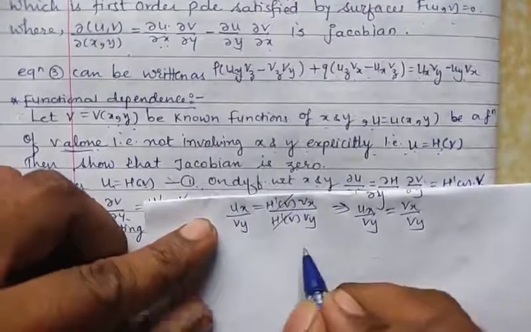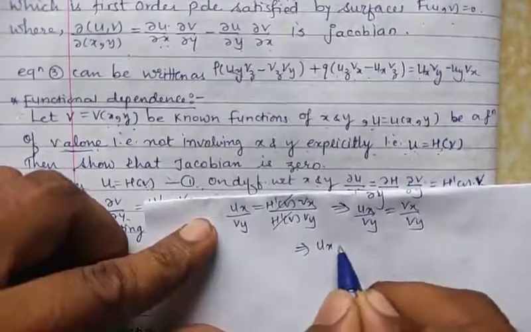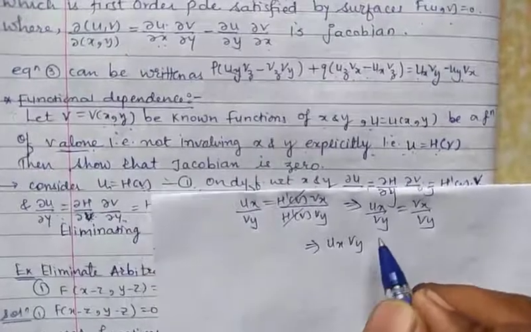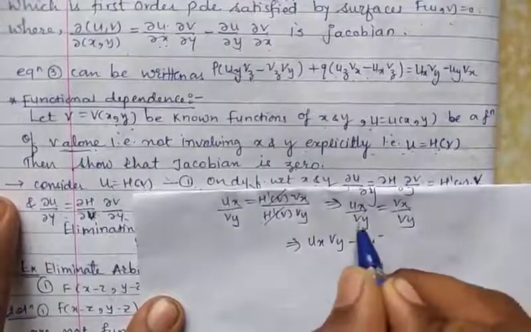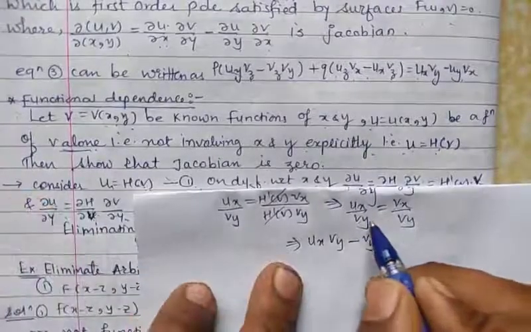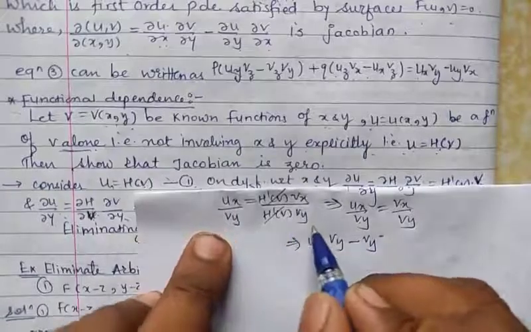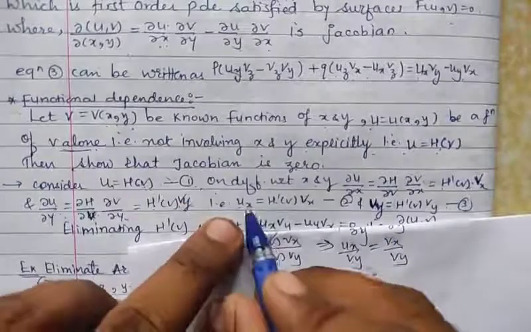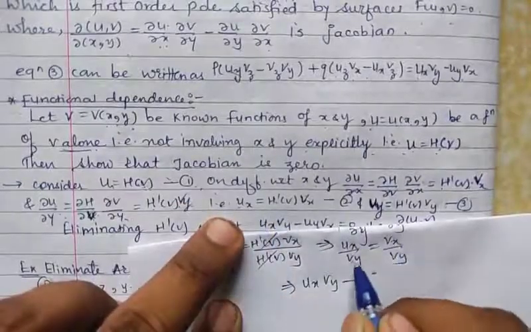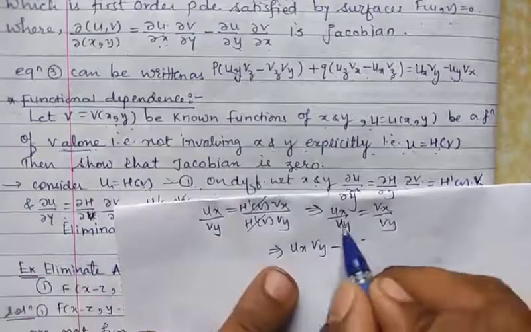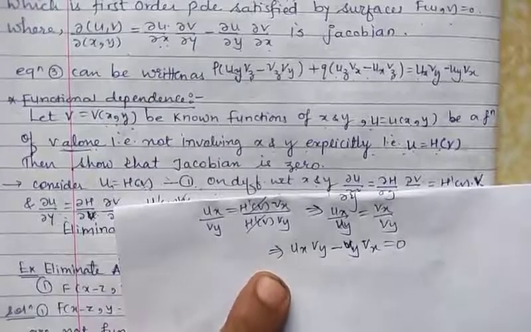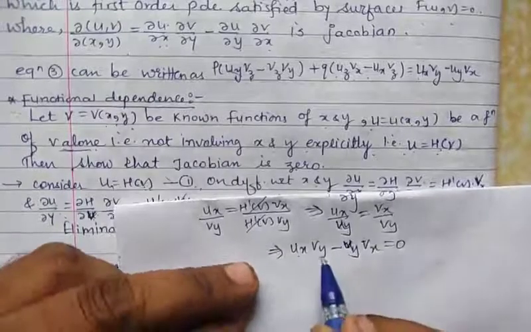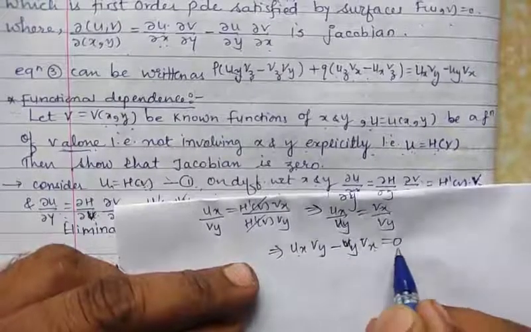On cross multiplying this, we get ux into vy minus uy into vx, which is equal to 0.